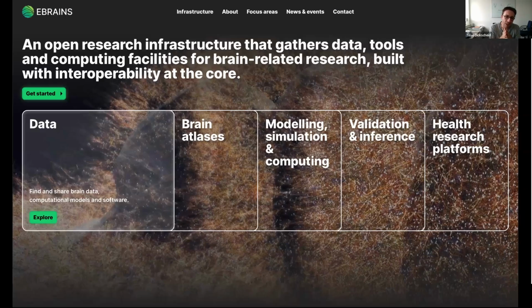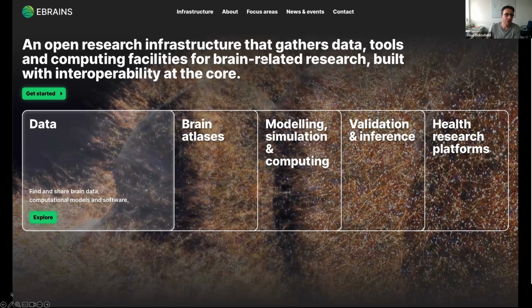So in the last years, we have made this precious and comprehensive information of the atlas available on the web as a part of the European EBRAINS research infrastructure, which is openly accessible and will be further developed in the coming years for neuroscience research.